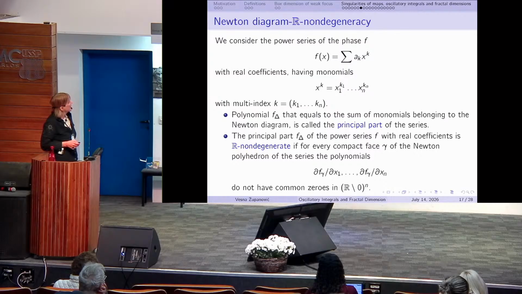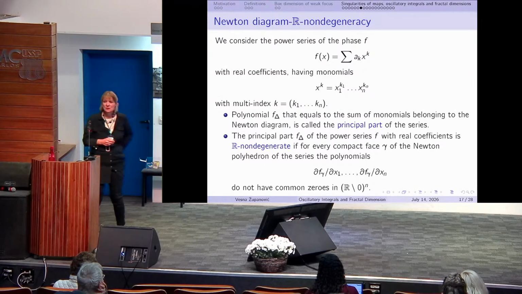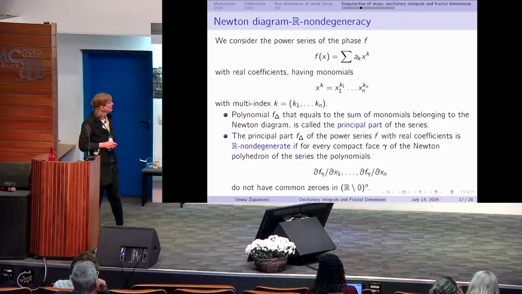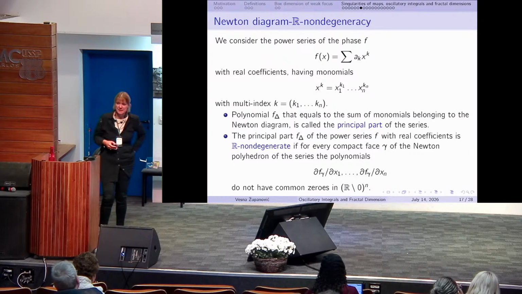Okay. And what is also important here is that there is a principal part of the map, and there is a non-degeneracy with respect to the Newton diagram. What does it mean?